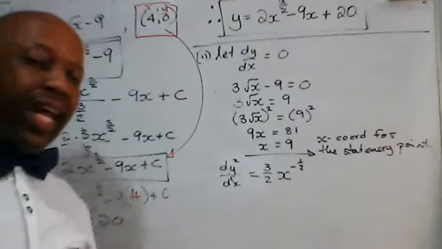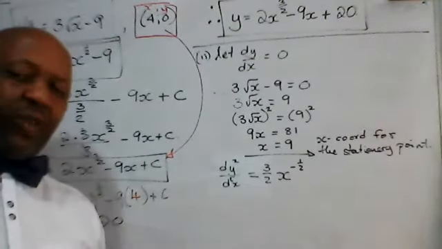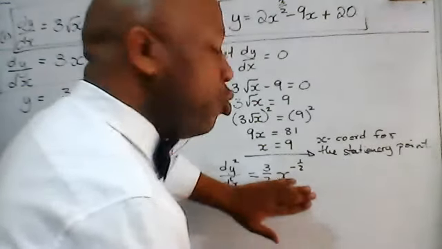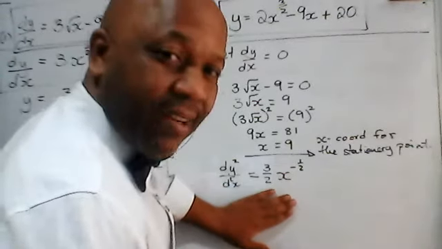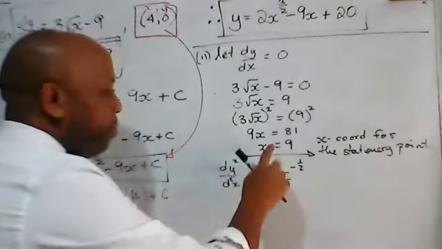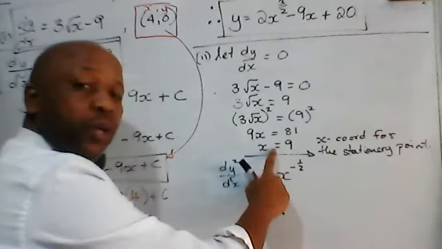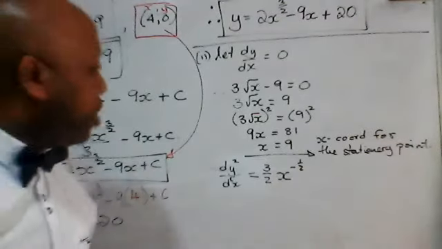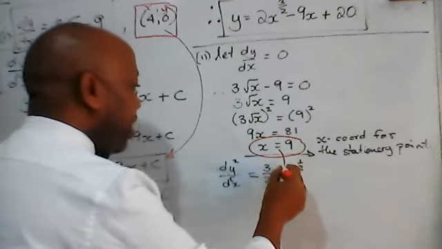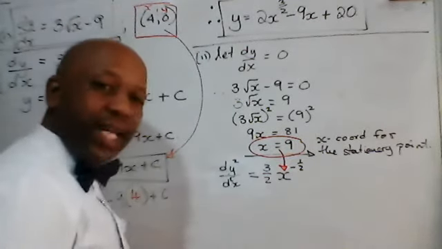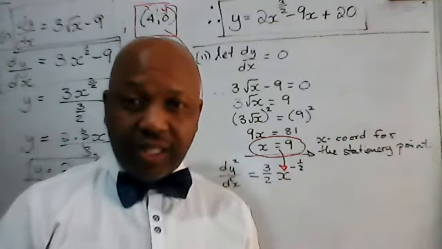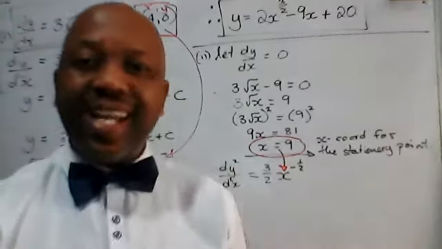You don't want to do sign analysis at this point because, looking at the marks for this question, it's not really necessary. So basically, you've got a point x equal to 9. The nice and easy way to do this is to take the x value I've found and substitute it into d2y/dx squared, and then analyze whether the second derivative is positive or negative.